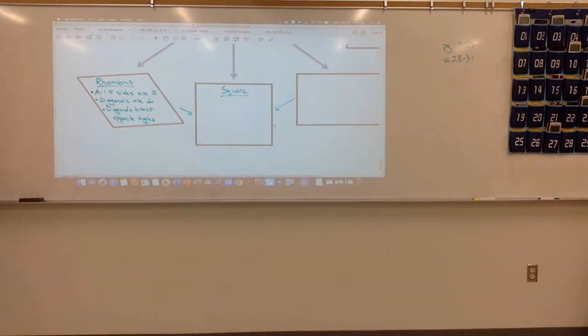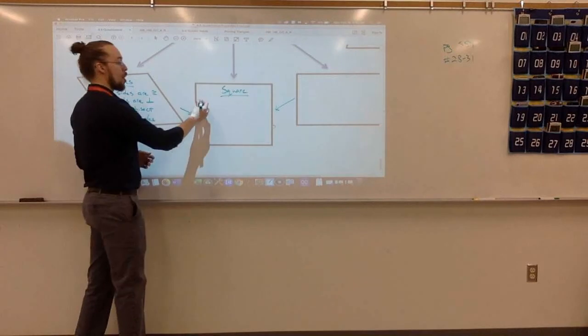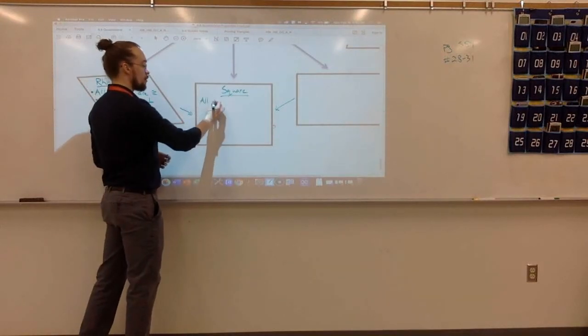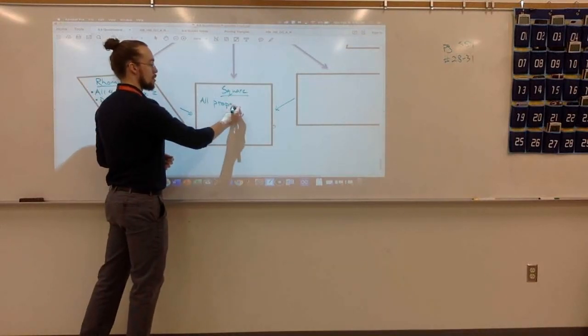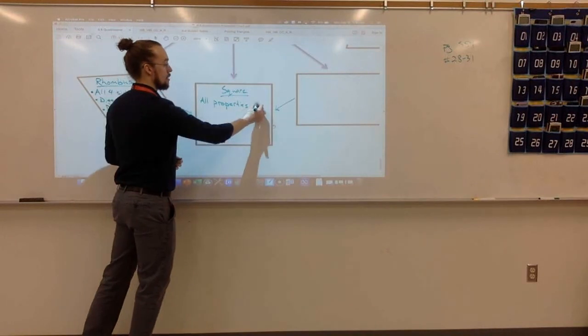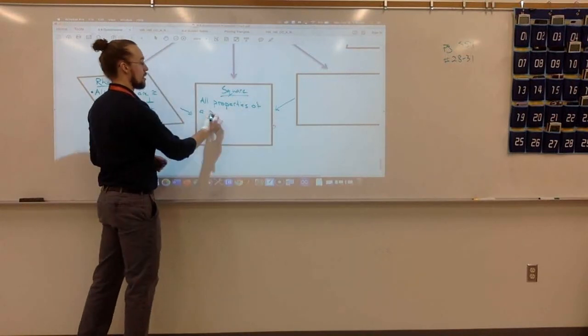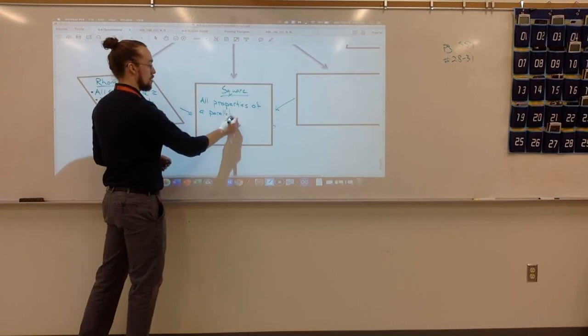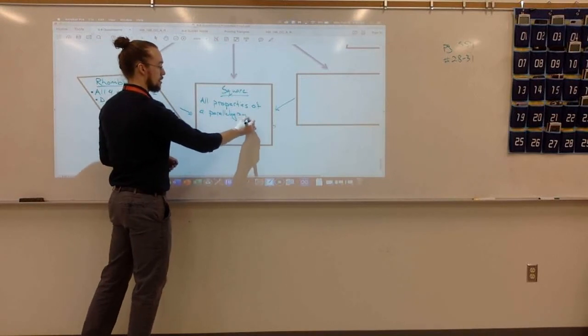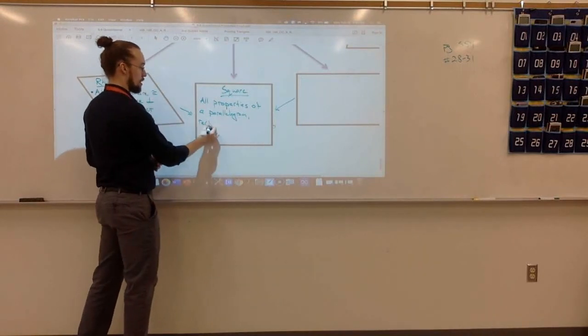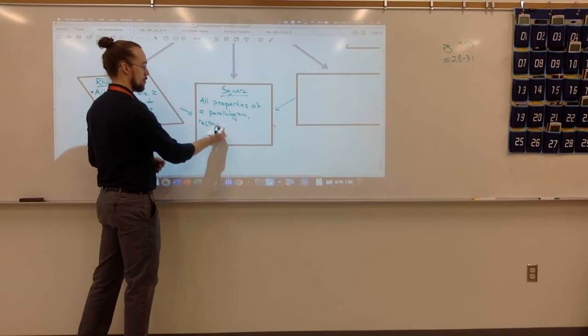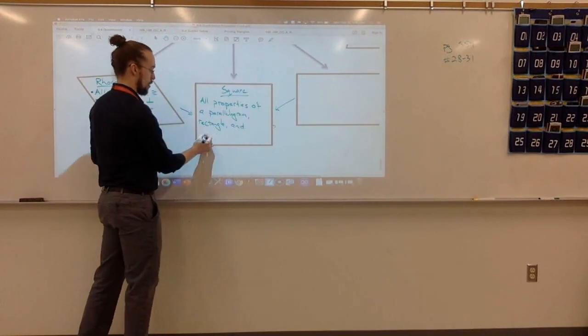All right. A square just has no new properties. It just has all properties of a parallelogram, rectangle, and rhombus.